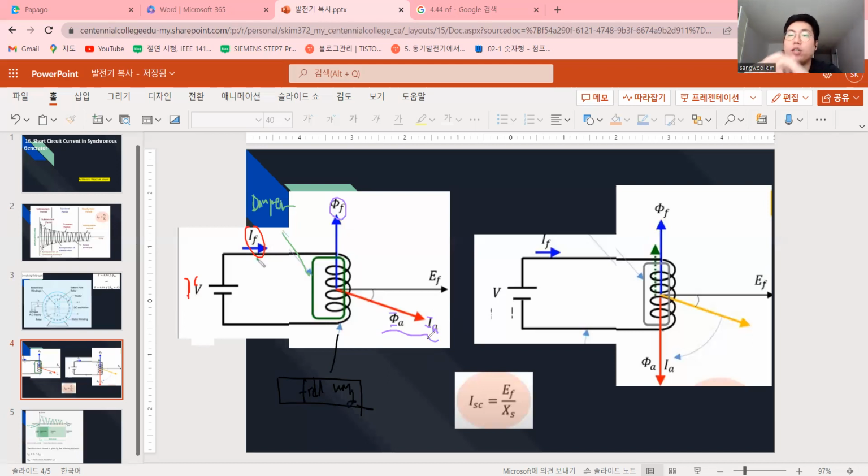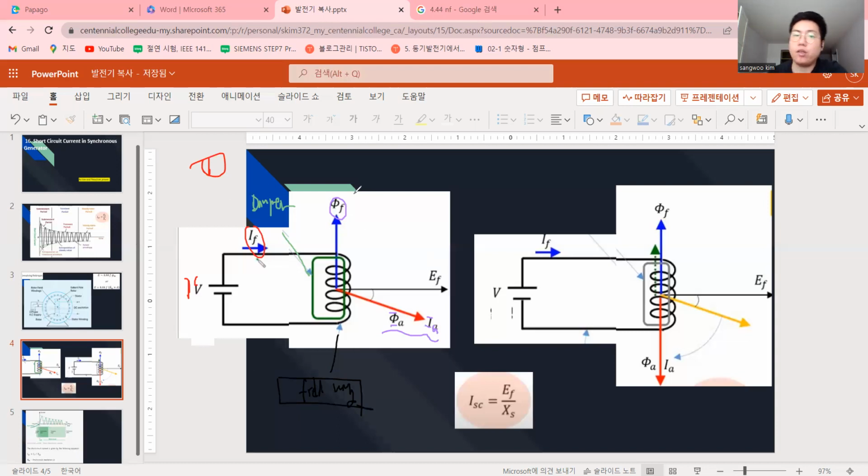It is actually the same as a lagging current. Look at that. Picture one is our general situation, no fault, no short circuit. The current is lagging, and the EF looks like this.